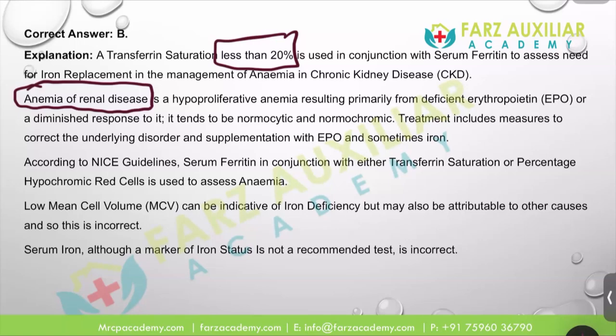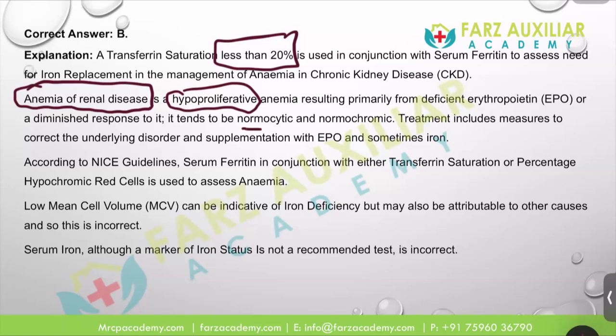Anemia of renal disease is a hypoproliferative anemia. That means the bone marrow is not working up to the mark. It results primarily from deficiency of erythropoietin, or the response doesn't come. Erythropoietin is there, but the bone marrow has become resistant to it.